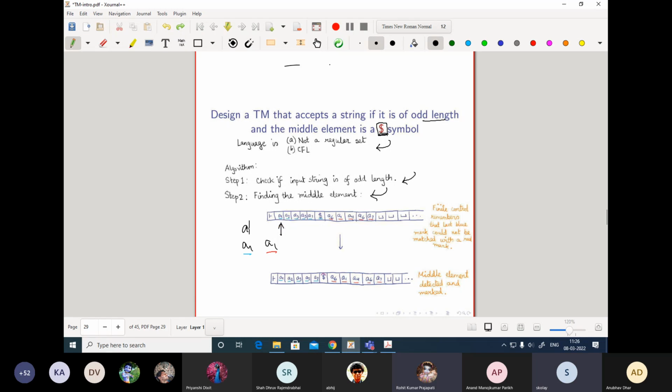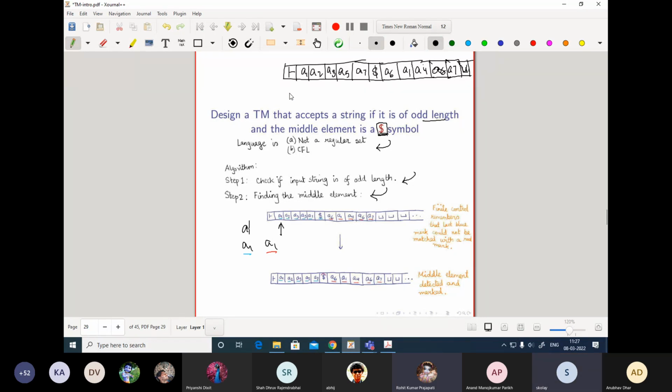So to start off, this is what it looks like. I have A1, A2, A3, A5, A7, then I have A6, and maybe again A1, A4, and so on, A6, A7, and then blank symbols.